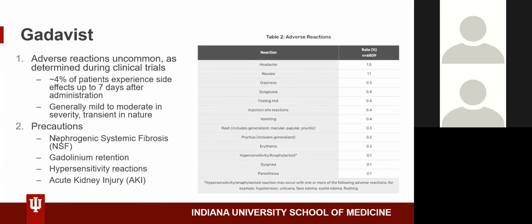But again, because of the FDA drug safety communication that was issued across all GBCAs, these universal precautions apply to Gadavist as well: nephrogenic systemic fibrosis, gadolinium retention, hypersensitivity reactions, and acute kidney injury. Those are less likely when you have a formulation as stable as Gadavist and Dotarem are, but that communication was released across the board for all GBCAs by the FDA in 2017.